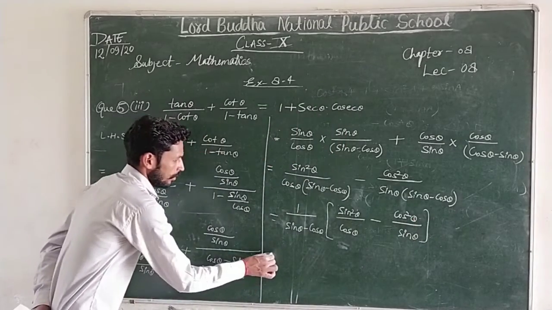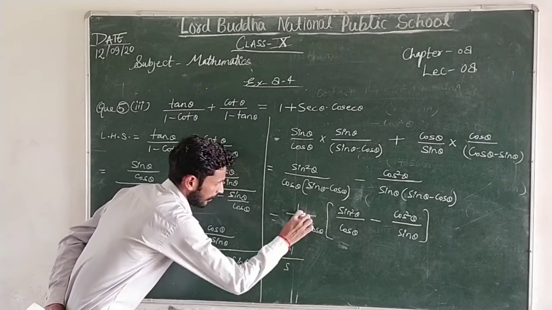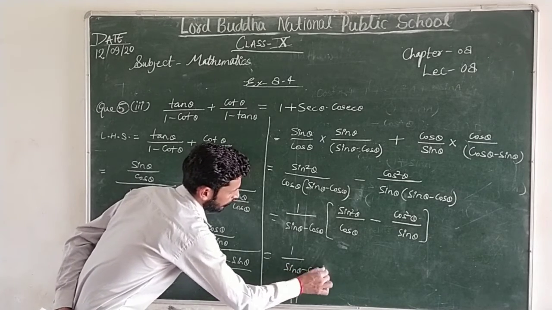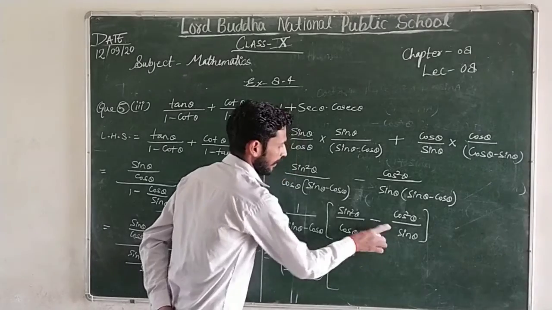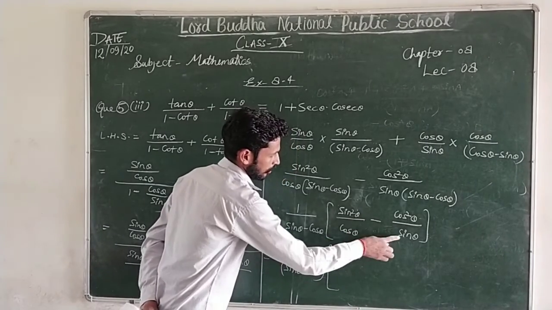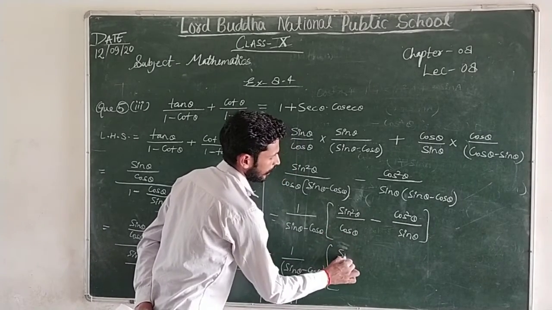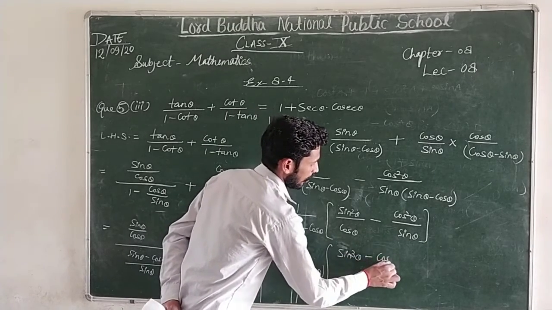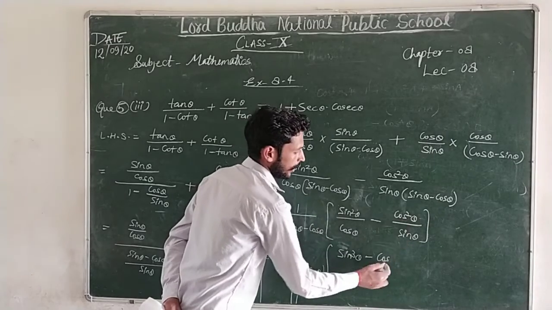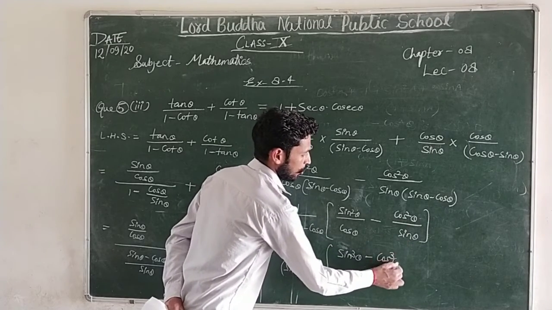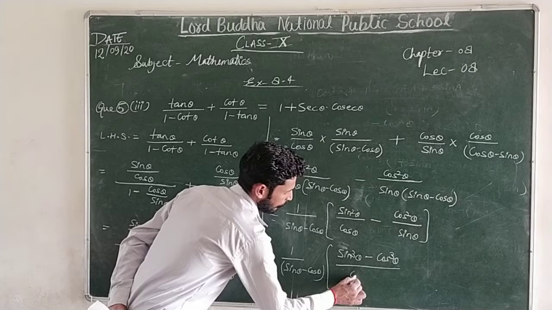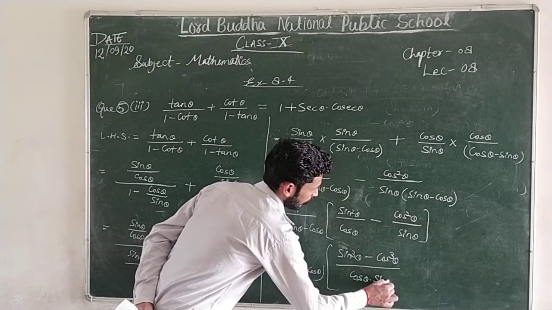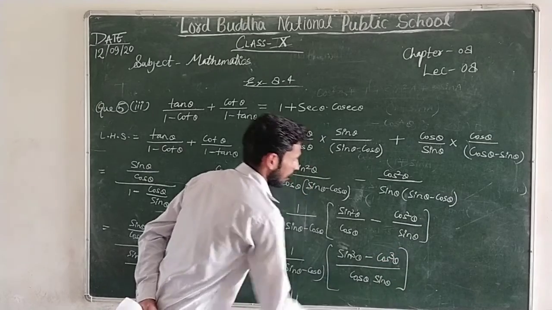Okay, so this will be copied as it is, but here take a cross multiplication. So sin theta into sin square theta, so it will be sin cube theta minus also cos theta into cos square theta, so here will be cos cube theta whole upon cos theta into sin theta. Okay, like this.